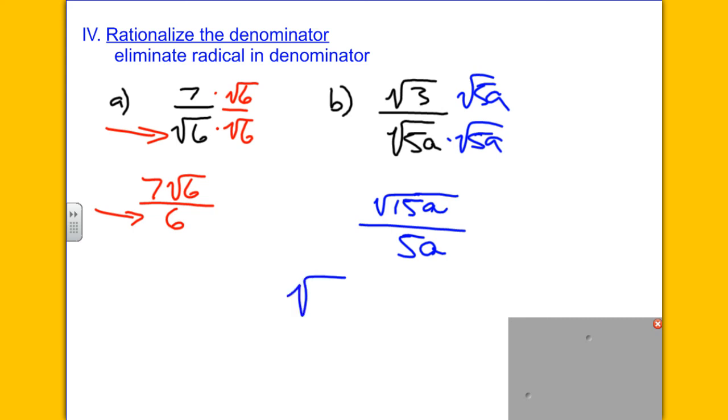I'm sure on a multiple choice test, they would have something like this available as an answer. No, no, because this is not in a radical and this is in a radical. You may not bring an irrational and a rational together.